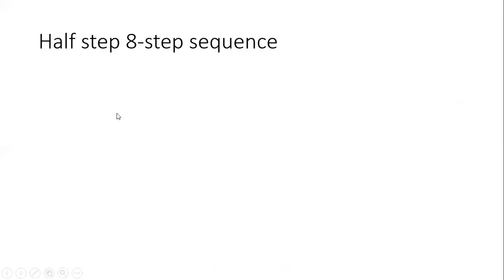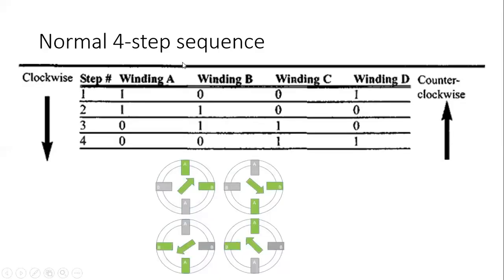Also, if you want to know about the half step, one thing you have to understand is that since it is a four step, your rotation will be in even value degrees, like 2, 4, and so on.